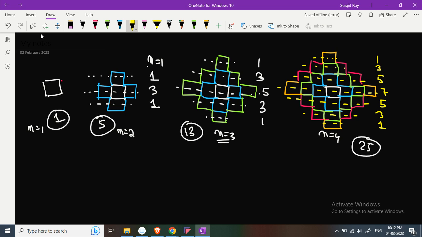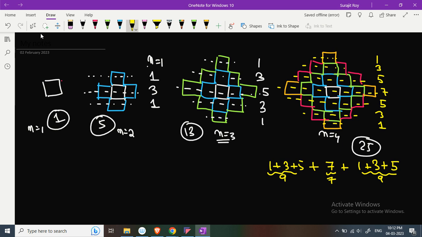let's see how 25 is coming. So 1 plus 3 plus 5 plus 7 plus 1 plus 3 plus 5. If you add this it will give us 9, and this gives 9 and 7. So 9 plus 9 plus 7 is 25, no doubt.